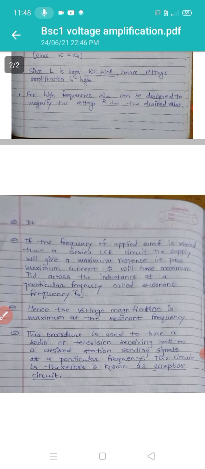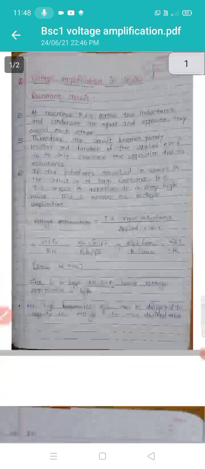If the frequency of the applied EMF is varied in the series LCR circuit, we get the maximum current and maximum potential difference at the resonant frequency. Hence the voltage magnification is maximum only at the resonant frequency. This procedure is used to tune a radio or television receiving set. Okay, thank you.